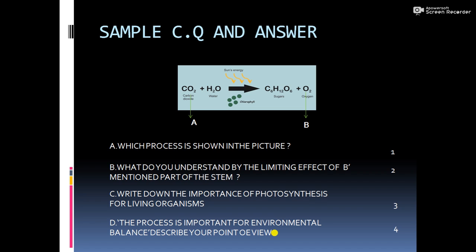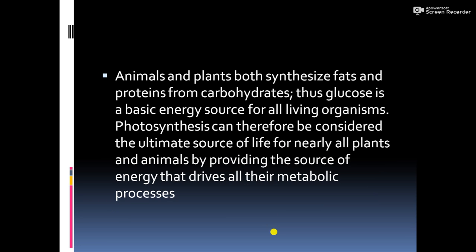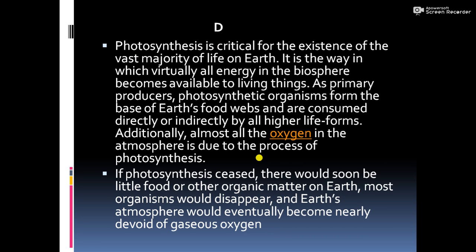Here you can include the carbon-oxygen balance, the trees, the plantation, everything. So with the help of your book, you can write the answer and compare with the answer I have given. That is the answer of D.